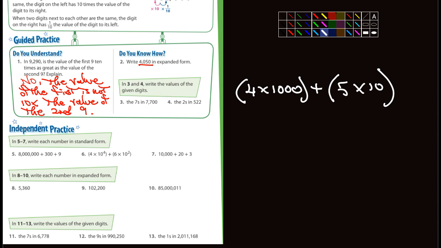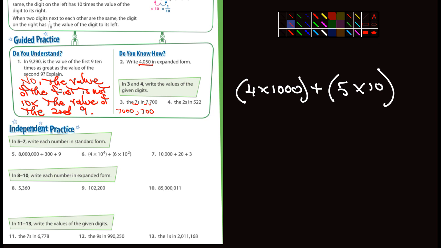Okay, for 3 and 4, it says write the values of the given digits. So for number 3 here, they're asking for the values of the 7s. So there's a 7,000, and then that's the first one I did. And then the second 7 is 700.